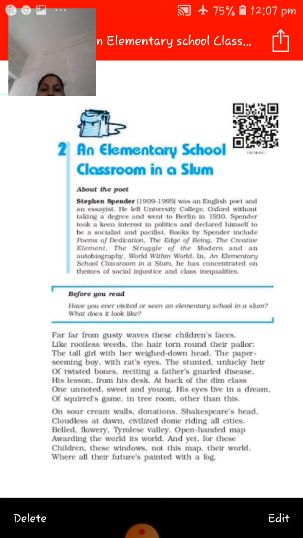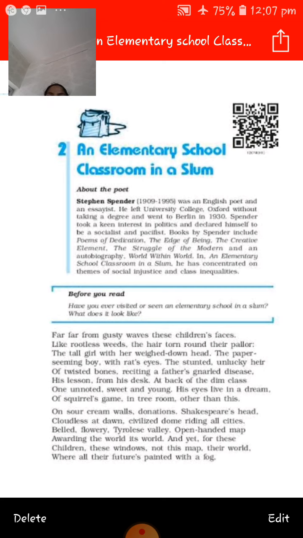So what do these lines mean? On sour cream walls, here sour cream walls means the color of the walls is not properly white, or you can say that the walls are in bad condition. With these words, on sour cream walls, donation, Shakespeare head, this means that the picture of Shakespeare shows the literature which these children cannot understand because they have not been taught it.